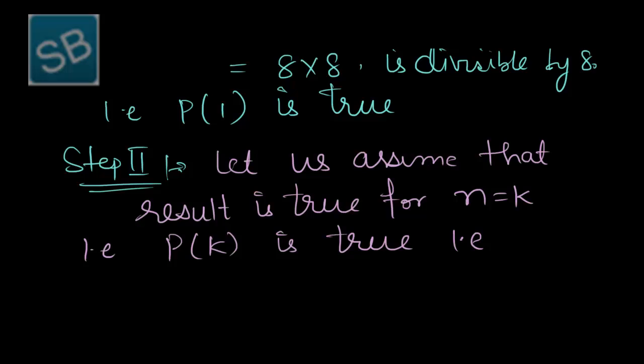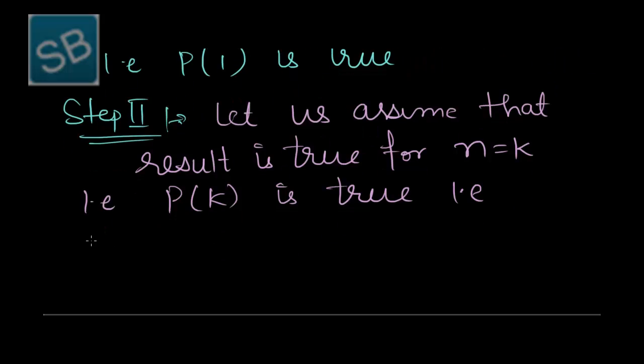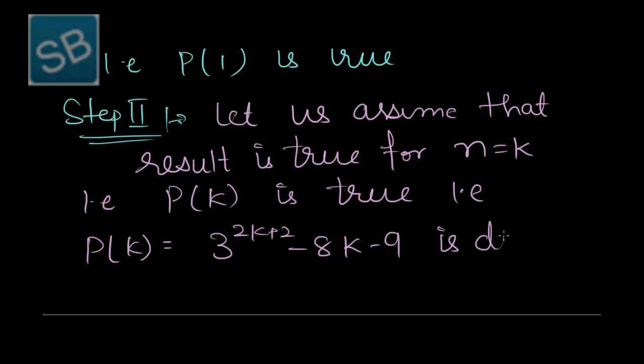That means P of k, that is 3 raised to power 2k plus 2 minus 8k minus 9, is divisible by 8.